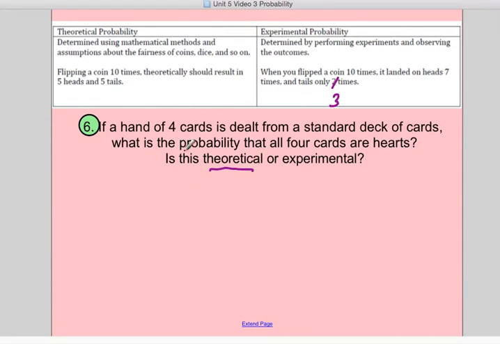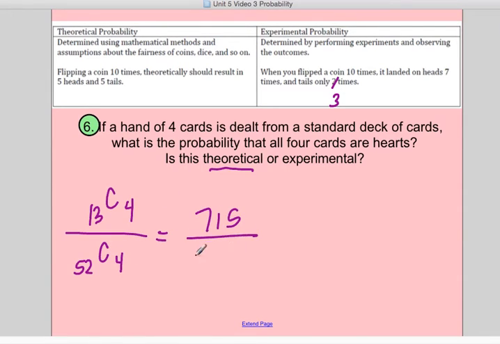So are we putting them in order? No, we're putting them in groups. So how many hearts are there? It's 1 suit, so there's 13 hearts. And we are selecting 4 at a time to put in a group over how many total? There's 52 cards, and we are selecting a total of 4. So this is, if I calculate, 715 over 270,725.